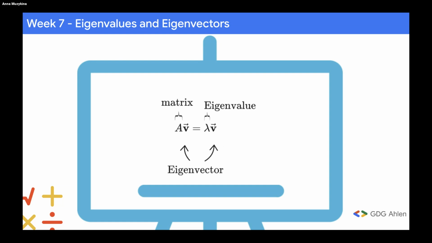The entire concept of eigenvalues and eigenvectors revolves around this single elegant equation shown on the slide. Let's break it down. We start with a square matrix A. Remember, this represents our linear transformation. We are looking for two things: a non-zero vector, which we call v, and a scalar, a single number, which we call lambda.